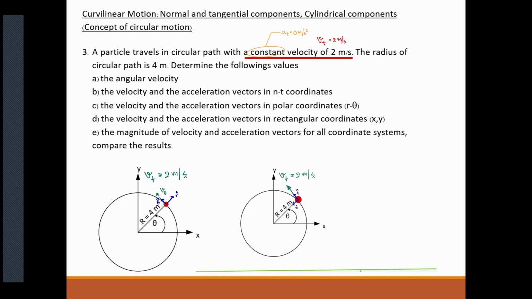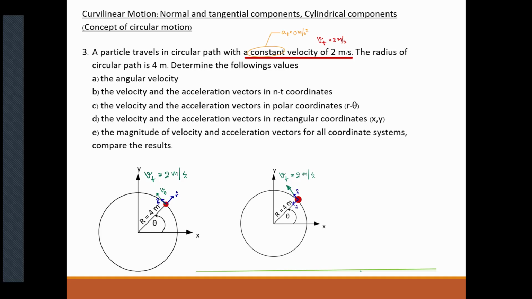After that, we will determine the velocity and acceleration in the normal and tangential coordinate system. Then we move on to the velocity and acceleration in polar coordinates, and finally in x and y.